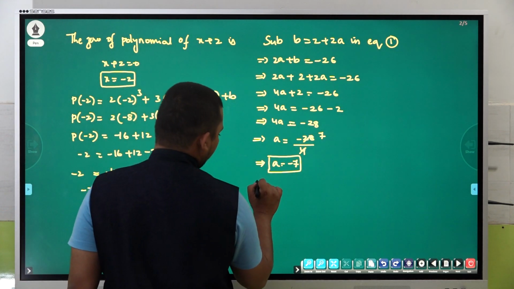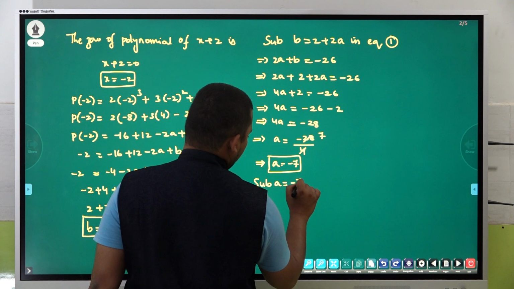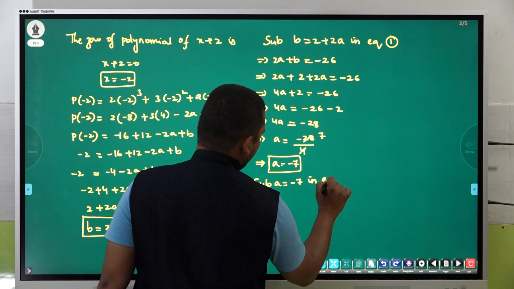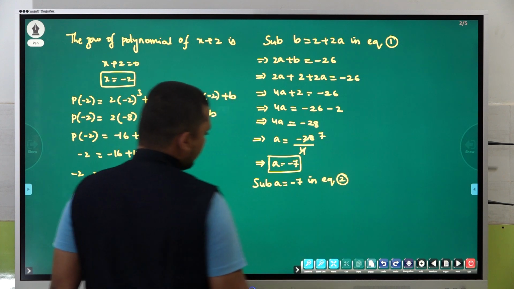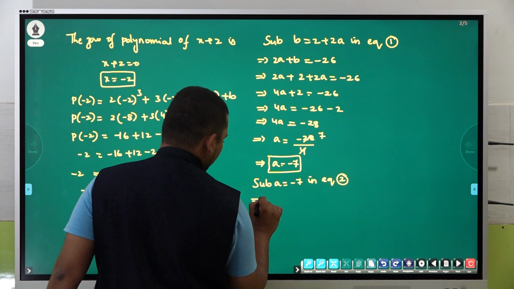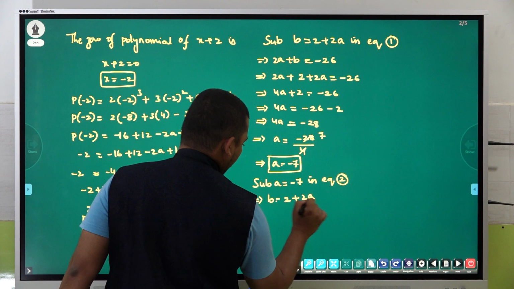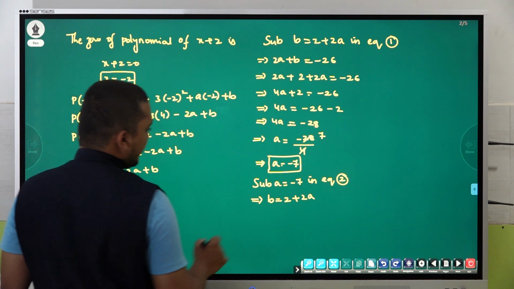Now substitute a is equals to minus 7 in equation 2. What is equation 2? b is equals to 2 plus 2a.